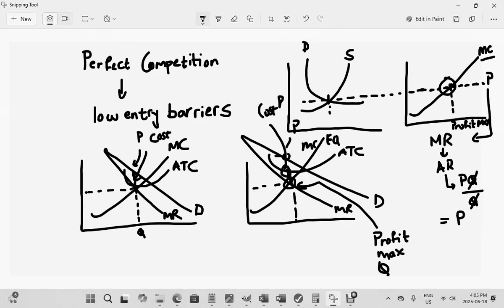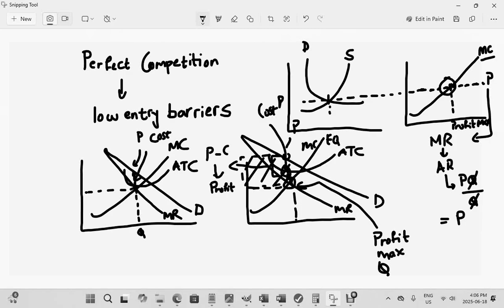We know that the difference between price and cost, this difference over here, P minus C, will be your profit. And this area over here will be your total profit margin.